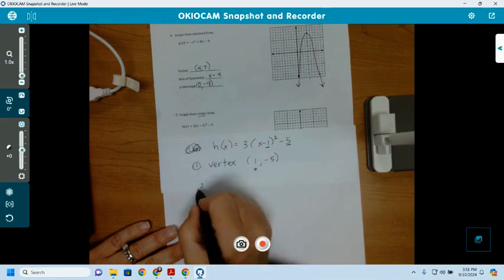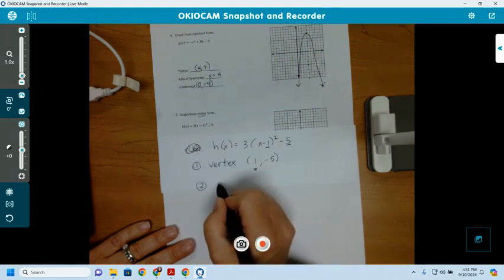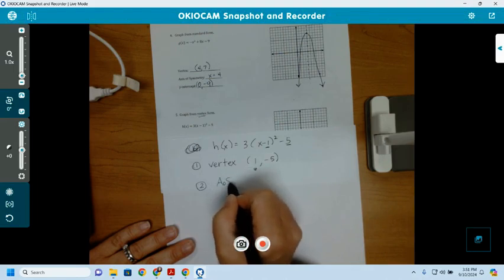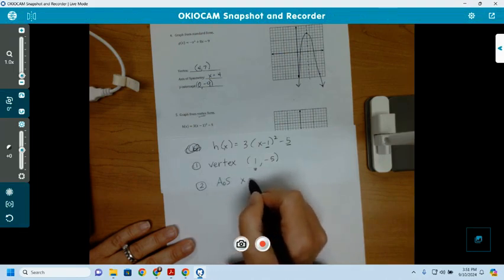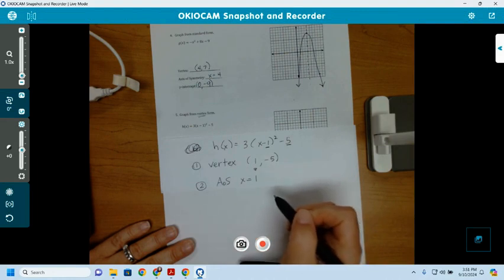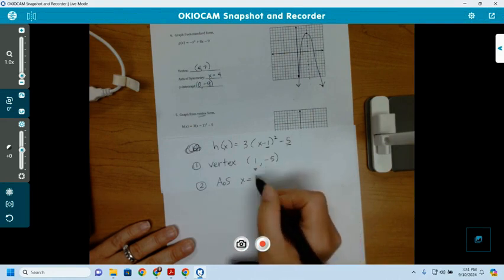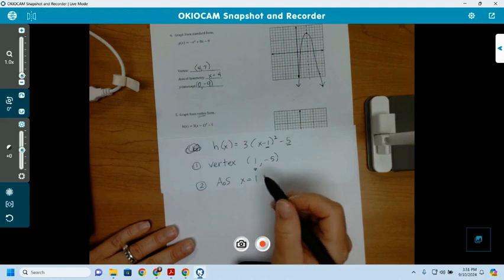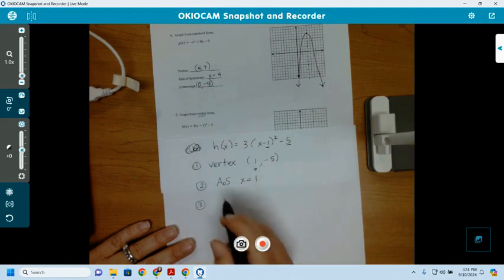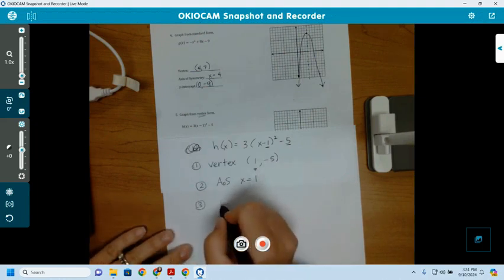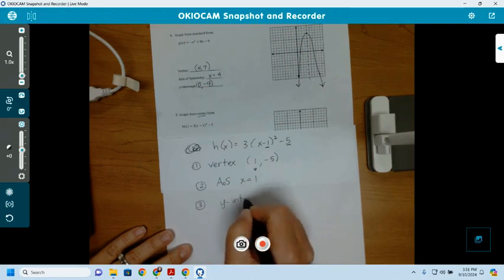So that's another easy one to find. So the axis of symmetry is x equals 1. Once you know the axis of symmetry, we can find number 3, the y-intercept.